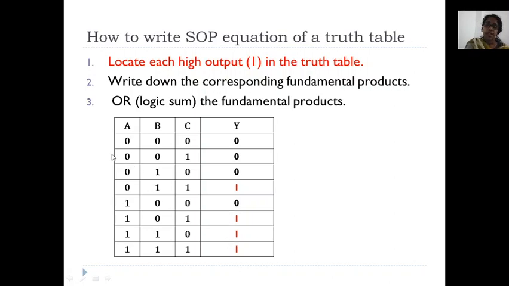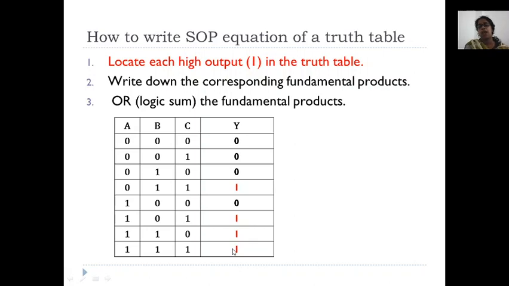So you just see all the input conditions. That's why I said you have to learn by heart how to write from 0 0 0 to 1 1 1. Then it's very easy. You have to note this truth table in your notebook also. 3 steps are there to write a sum of product equation of a truth table.